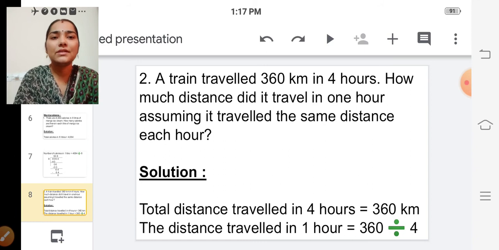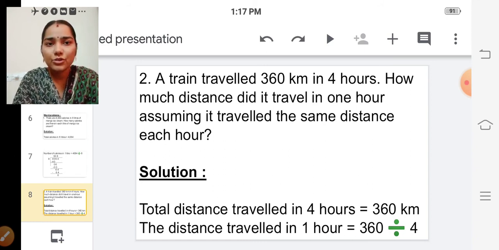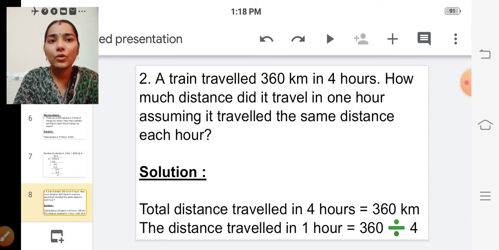So in 4 hours, the train travelled 360 kilometers. So they are asking in 1 hour how much distance it travelled.